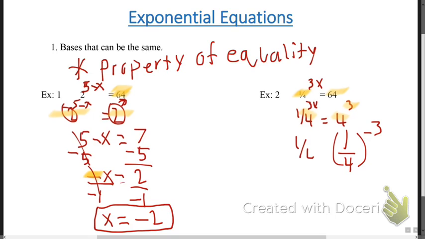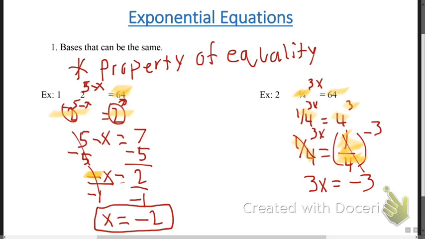Now, we have 1/4 to the 3x is equivalent to 1 over 4 to the negative 3. Now that the bases are the same, we can cross them out, which helps us solve for x. So then we get 3x equals negative 3.